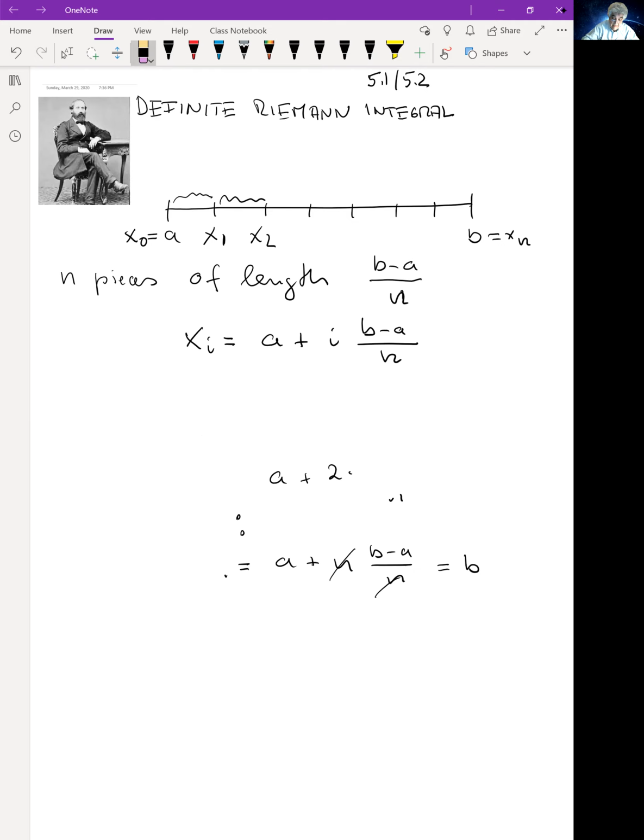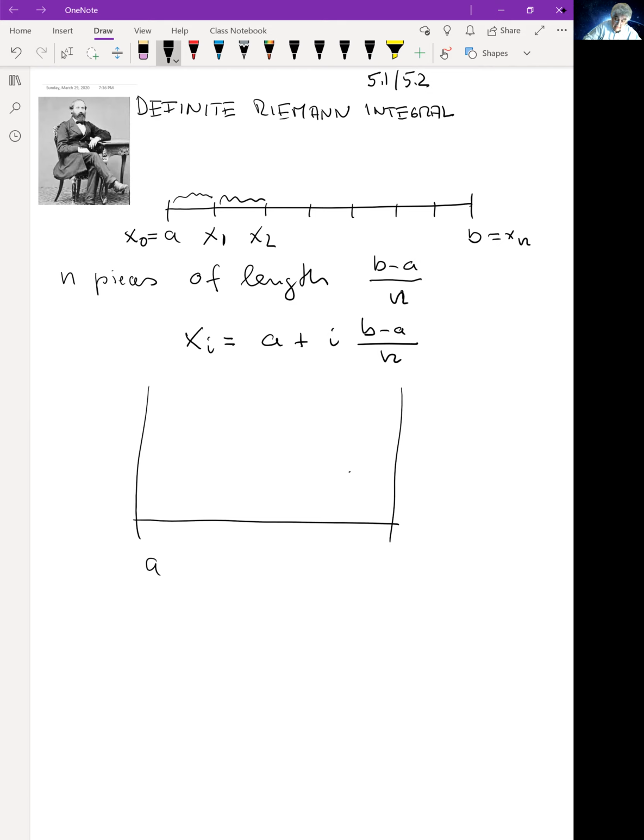Now, step 2 is what is called a slicing method: how to compute an area by slicing the area in small pieces. Again, here is a and here is b. And now I have a function, f of x.